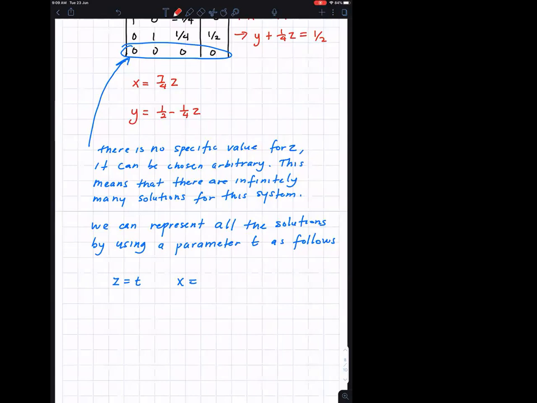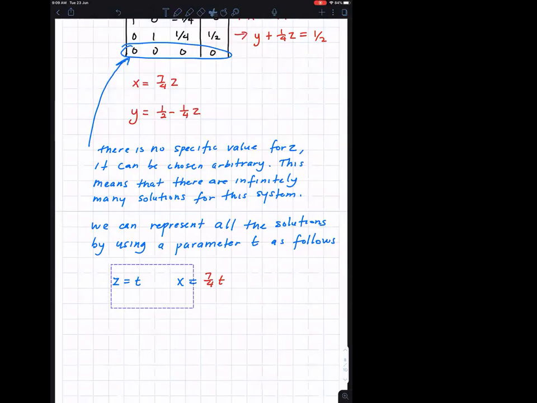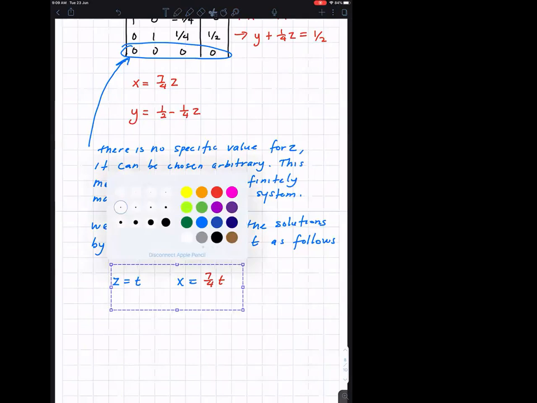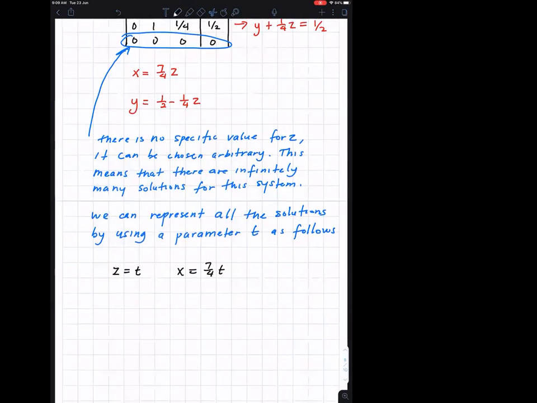Okay, z is t. If z is t, then x is going to be 7 over 4 t.